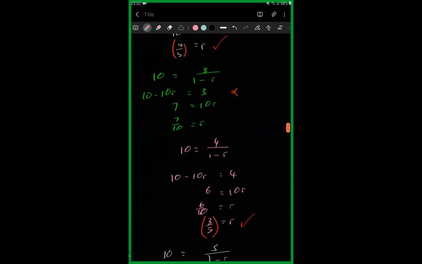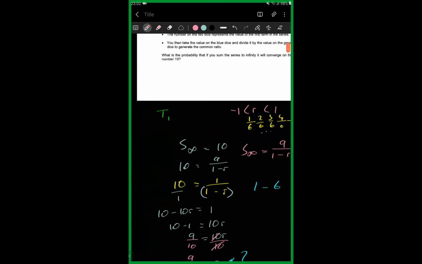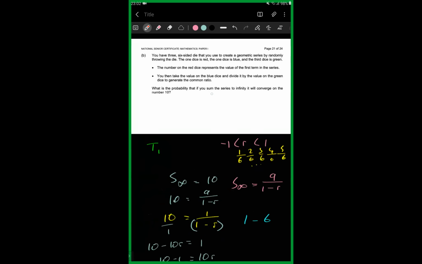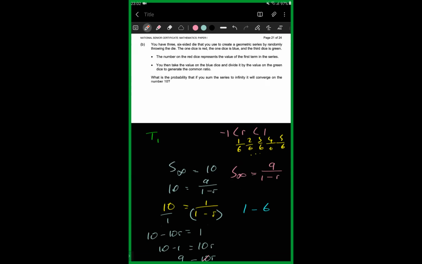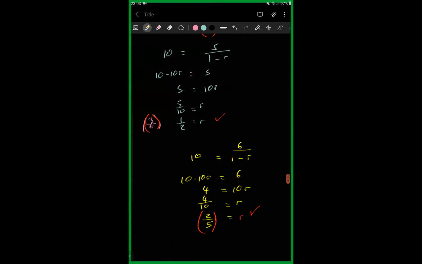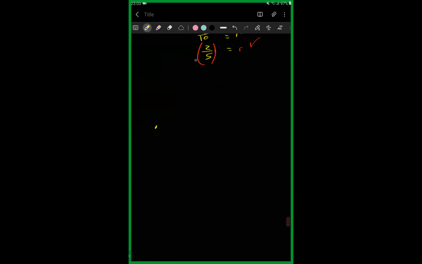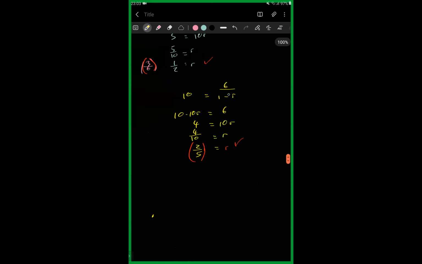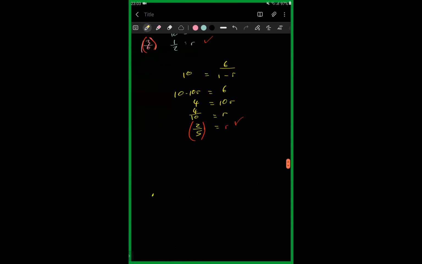Let's read the question again: what is the probability that if you sum the series to infinity, it will converge on the number 10? You have to ask yourself, what is the probability of getting a 1, 2, 3, 4, 5, 6?